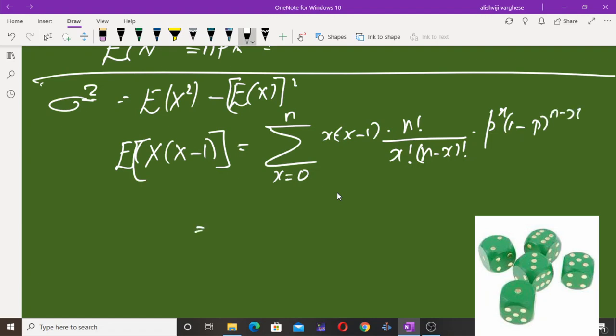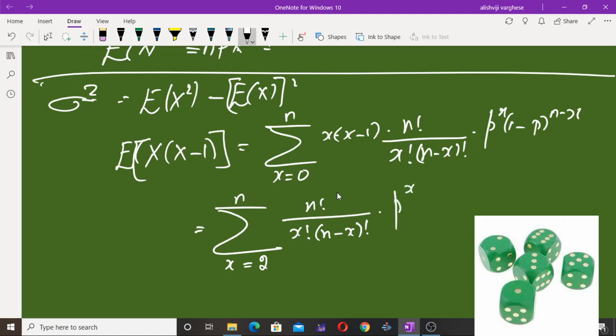Here when x is equal to 0, this term will vanish, and when x is equal to 1, x minus 1 becomes 0 and this term will vanish. So we just rewrite this sum as x varies from 2 to n, of n factorial divided by x factorial into (n minus x) factorial into p raised to x into 1 minus p raised to n minus x.